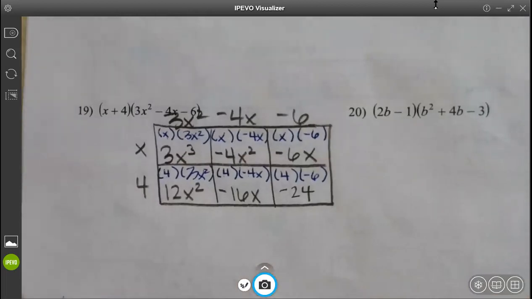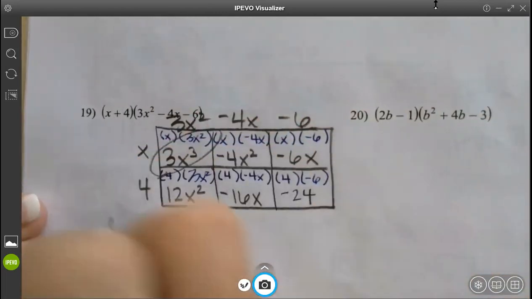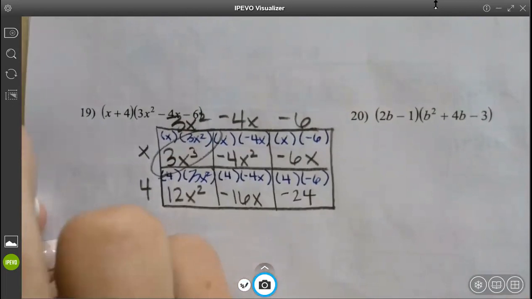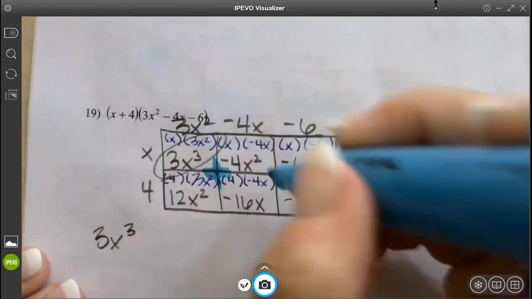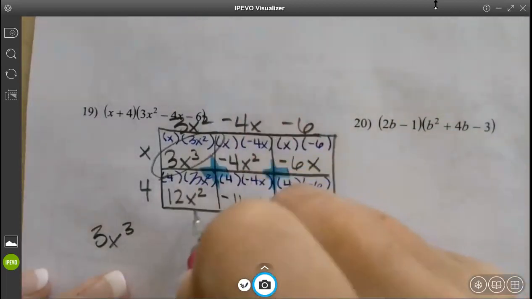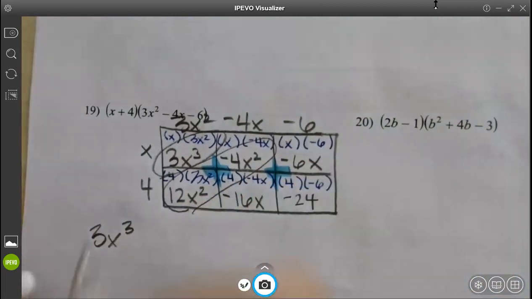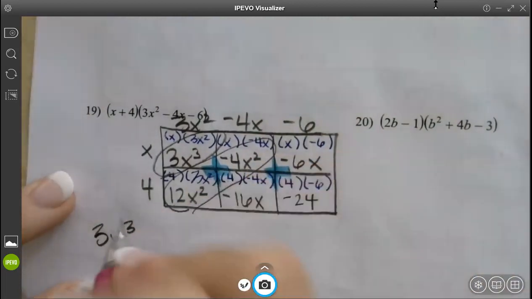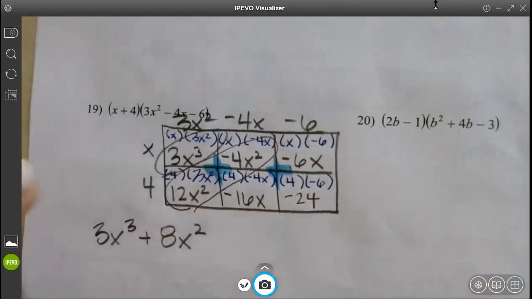So same exact work, nothing any different. Same thing on your diagonals. Your first diagonal is right here, 3x cubed. The only difference on this one is you're going to add twice. Here's your next diagonal, and they look exactly the same. You see how they're both x squared. So 12 plus negative 4 is 8, and they had x squared.